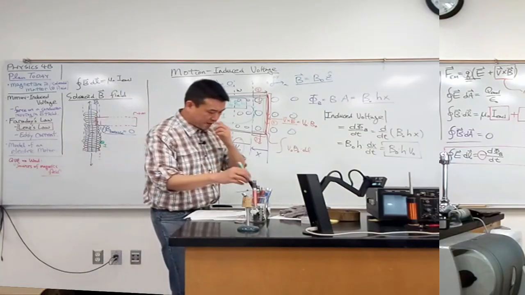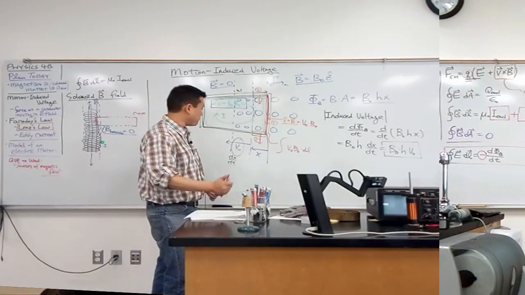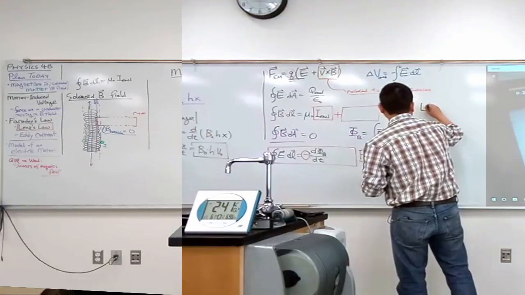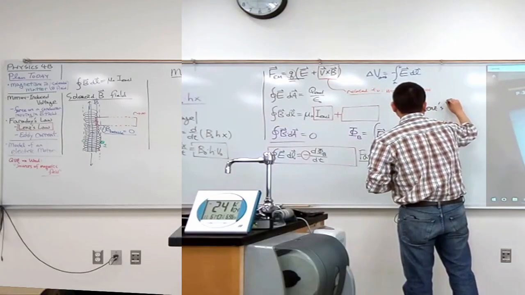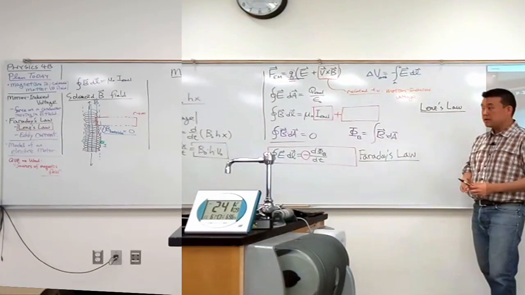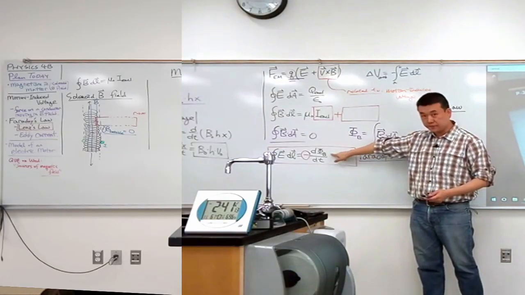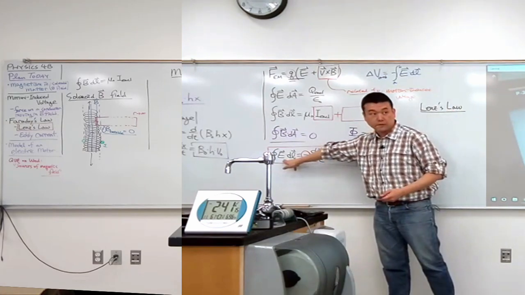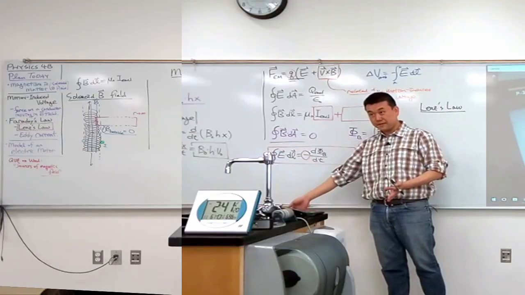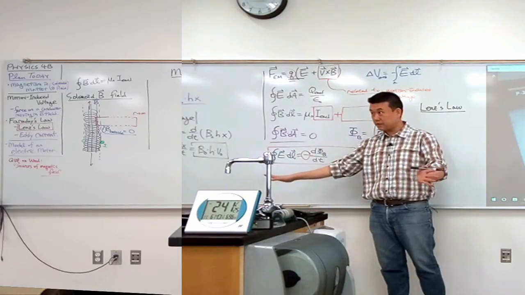So let me write down Lenz's law. It's a bit of a complicated law. So let me try to state Lenz's law here. It's related to Faraday's law, where a change in magnetic flux induces the voltage, right? And this voltage is going to induce current if there is a conducting path, right? All of that is reasonable so far?